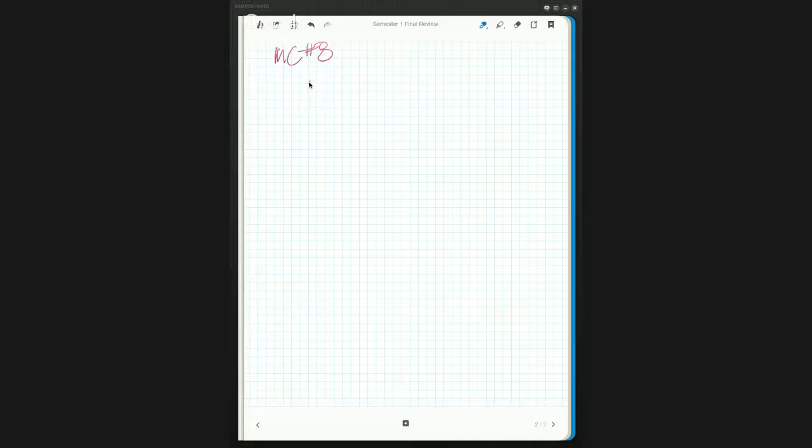Okay. So you have an existing solution that has a molarity 1. It's a dilution, right? You're adding water to something to dilute it. So your initial molarity is 3.00 molar NaOH.